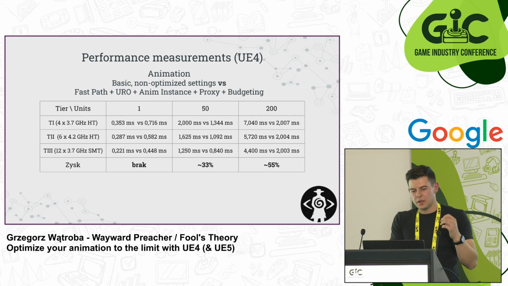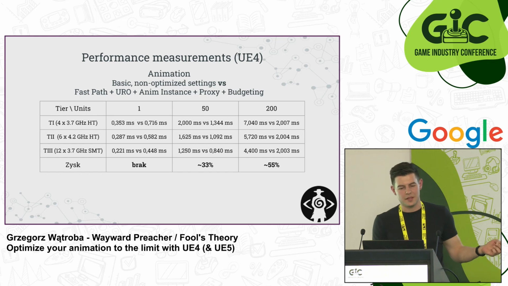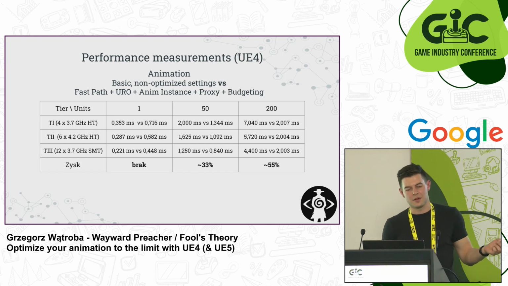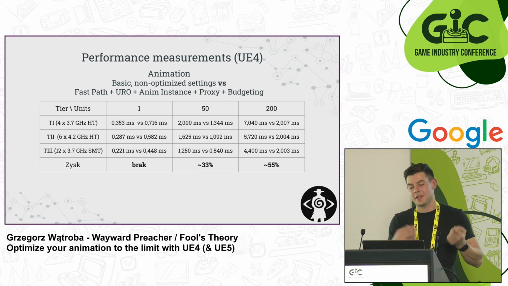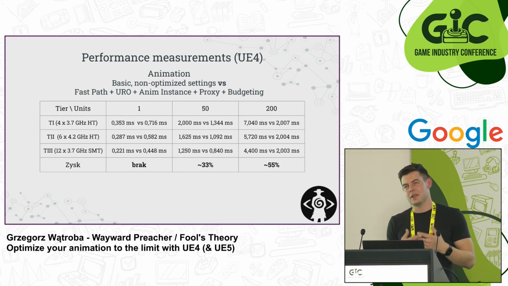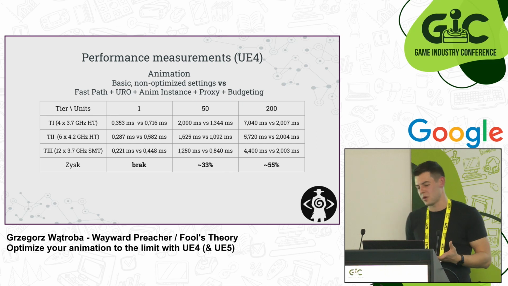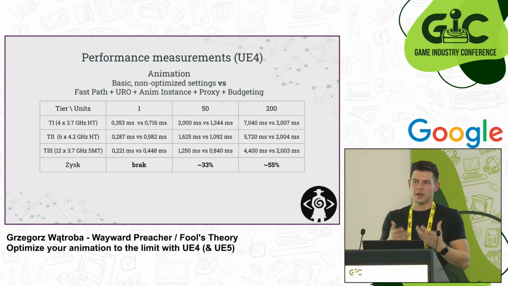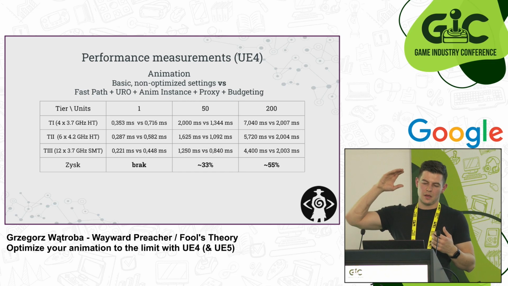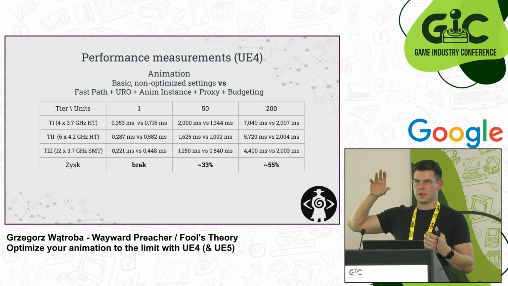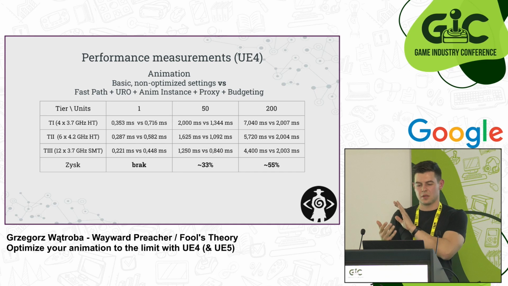So the funny part is the last column, where you can see that the optimized version with budgeting always gives this 2 milliseconds, because we set it that way and we hold it that way, and 2 milliseconds actually works for our project. So the entire animation tick in the most pessimistic approach, the biggest scale we assumed, needs only 2 milliseconds of animation tick, and actually it works for us.